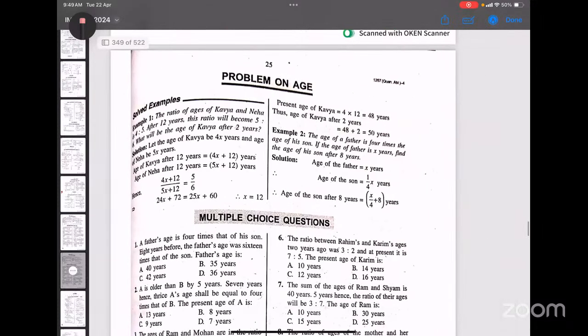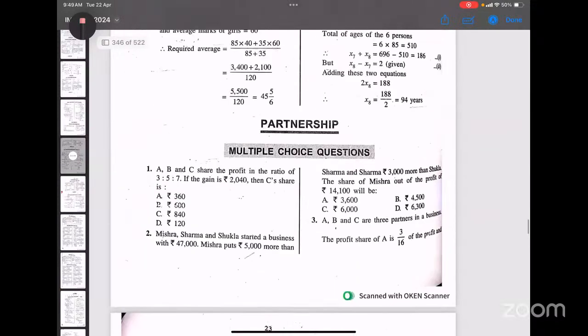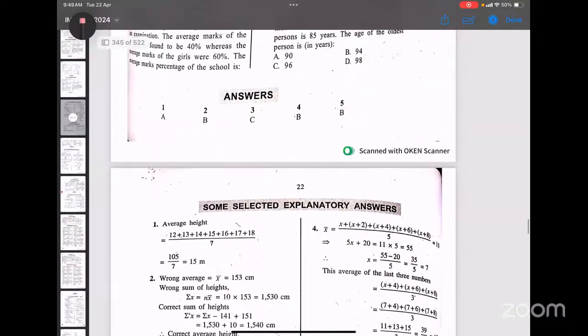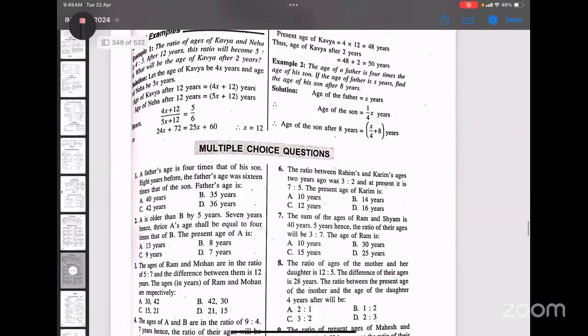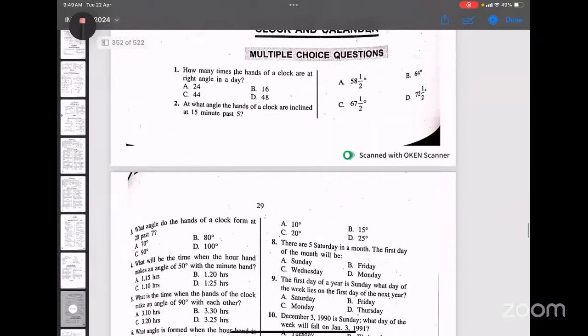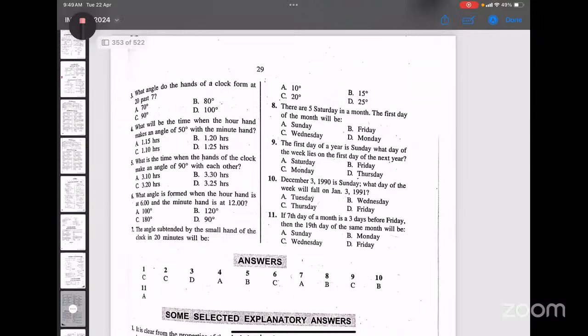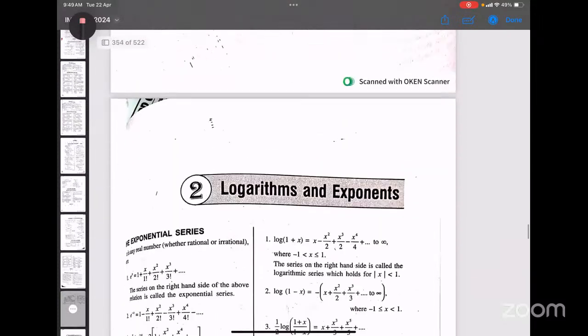Okay, so we can do one more topic in it, which is a small one. Average is done. Problem one is integration and mixture. Clock is done, right? Yes, sir.